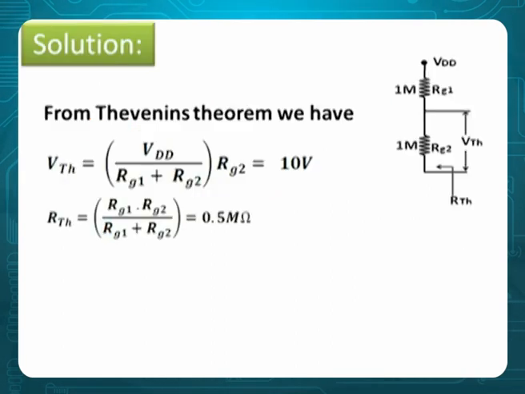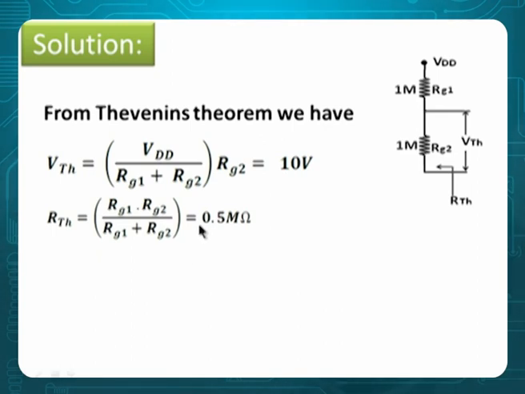Right? Let's go. Whenever you have a potential divider, you should go for Thevenin's equivalent. And V Thevenin is VDD by (RG1 plus RG2) into RG2. That's V Thevenin. R Thevenin is RG1 parallel RG2. These two are in parallel here.